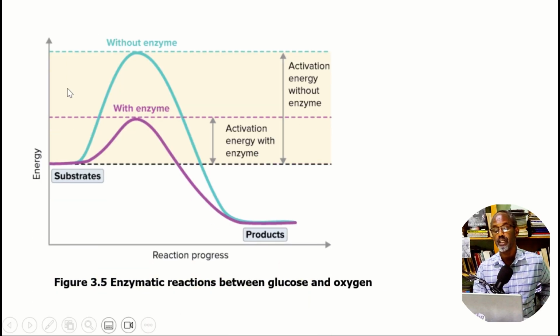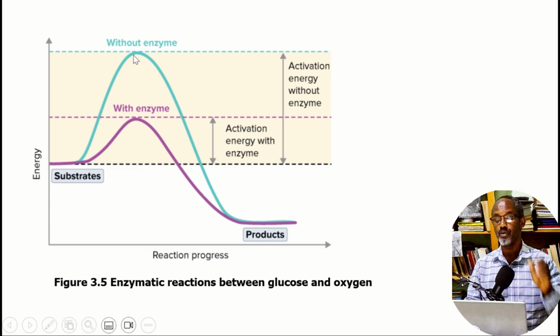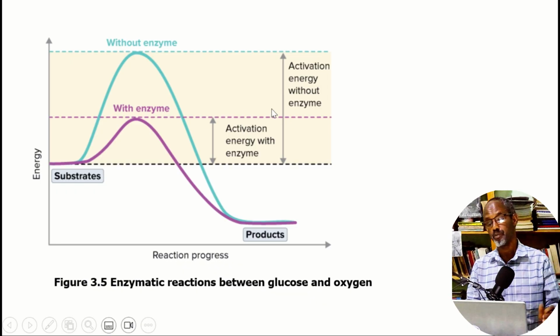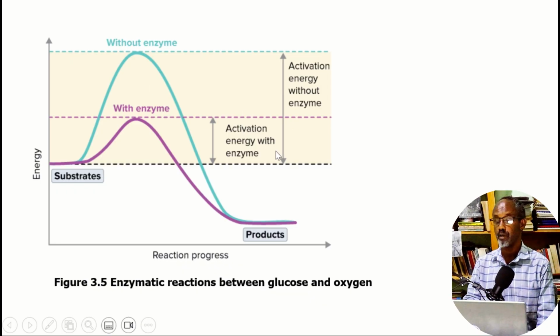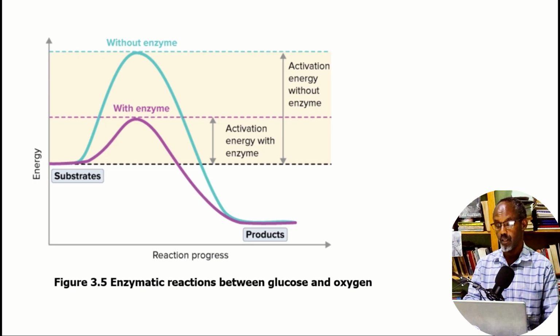This diagram is the energy versus reaction course graph, and the substrate is here. In the absence of enzyme, this huge amount of activation energy is required. This huge amount of activation energy can be obtained only by very few substrates from their environment.